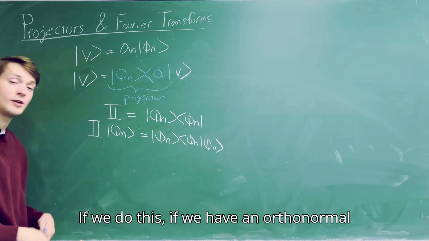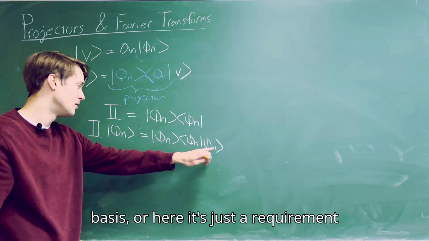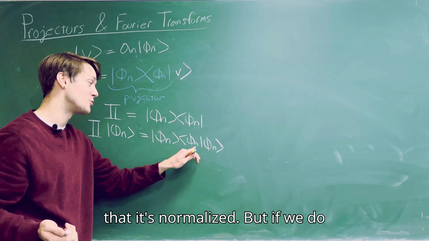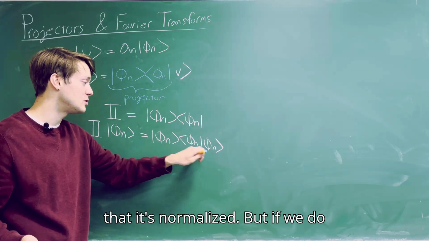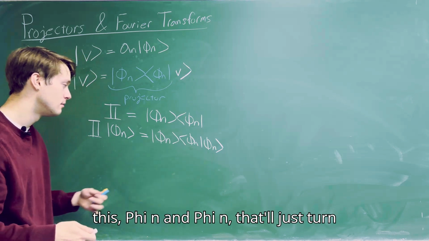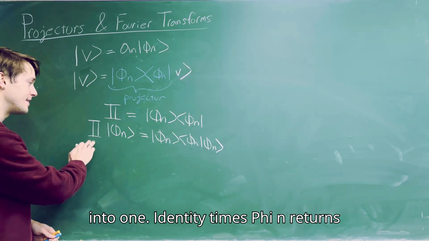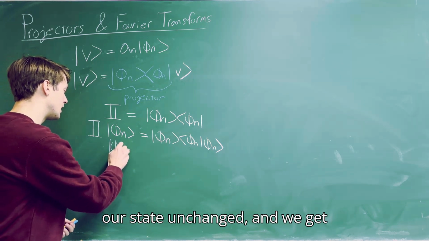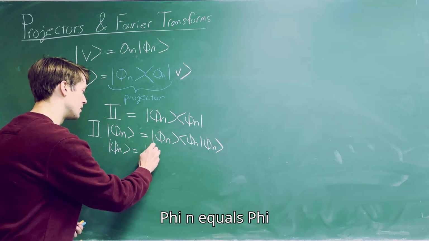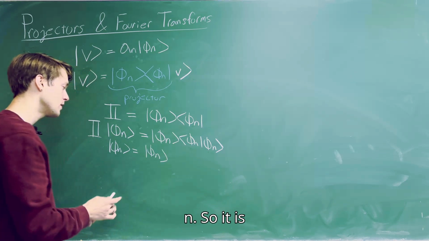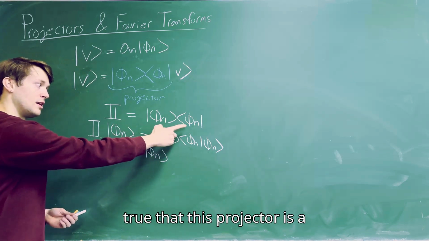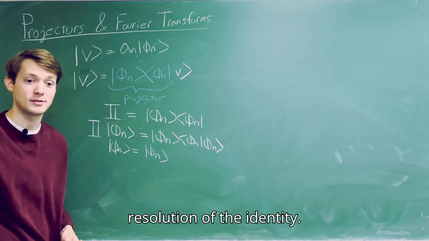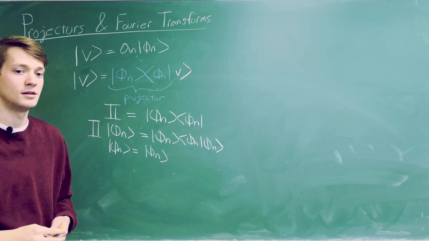If we have an orthonormal basis, or here it's just a requirement that it's normalized, then phi n and phi n will just turn into 1. Identity times phi n returns our state unchanged, and we get phi n equals phi n. So it is true that this projector is a resolution of the identity.